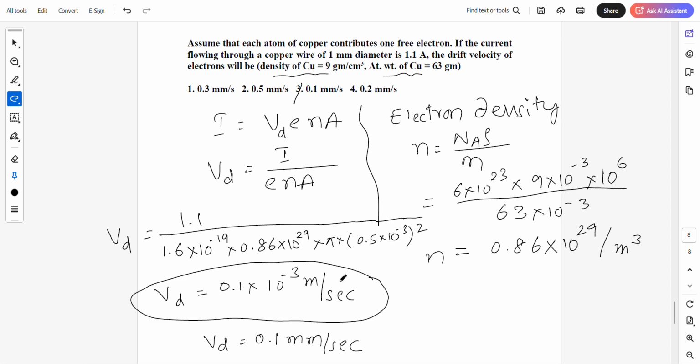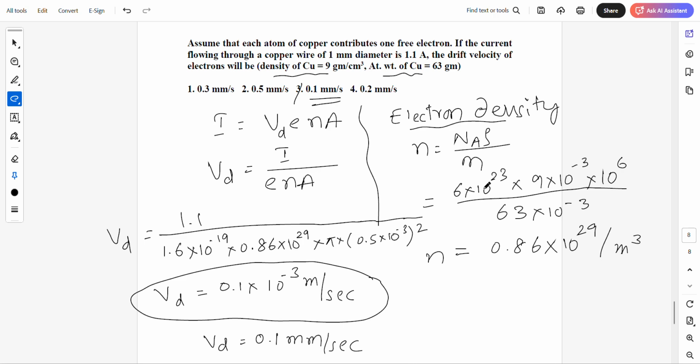Such problems you have to remember. As soon as you see any problem on this type of equation, if you remember the answer, it is very good because it takes a lot of time to simplify. Just remember I is equal to vnA. From here you have to calculate drift velocity. To calculate drift velocity, first you have to calculate electron density.